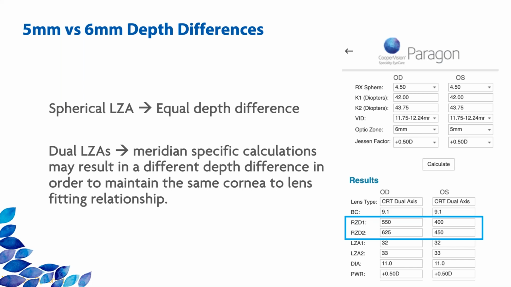And the same thing applies for superior or inferior decentration. Again, in CRT lenses, superior decentration is more common than inferior decentration, and usually that indicates that we need to increase the RZD too. So for both 5 and 6 OZ lenses, we increase RZD2 with a 25 micron step.